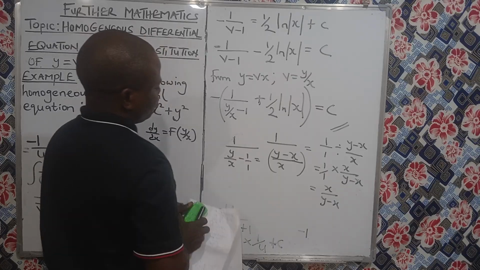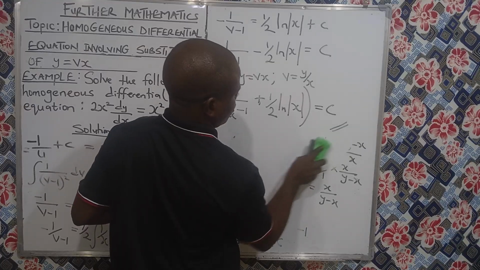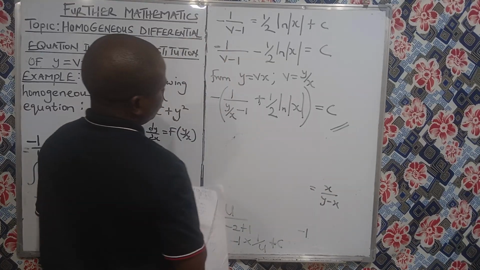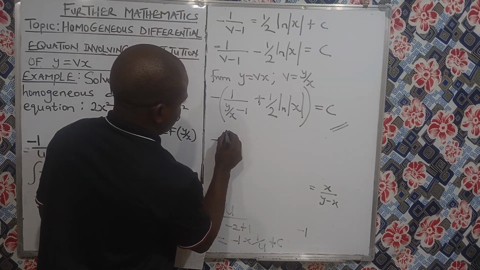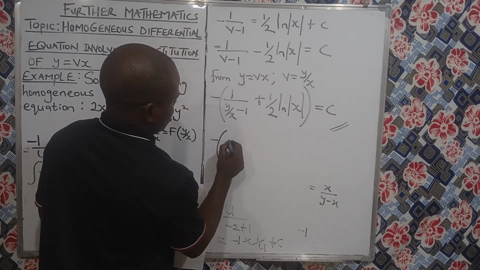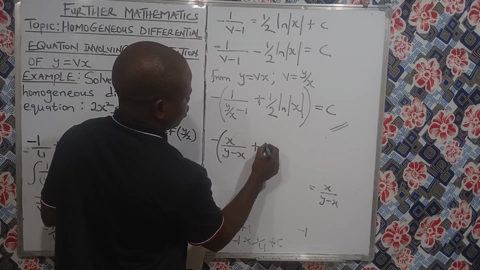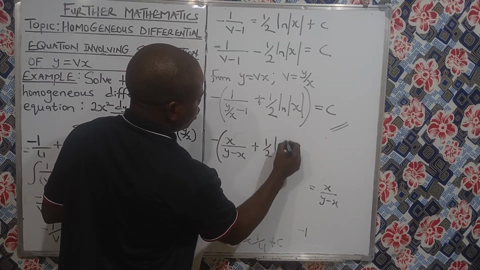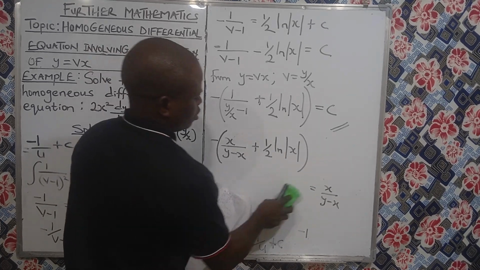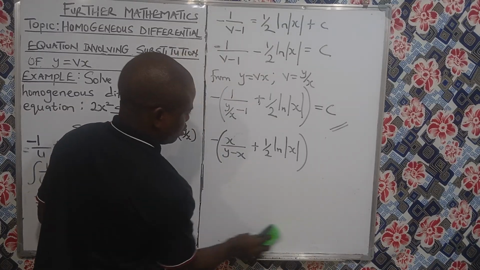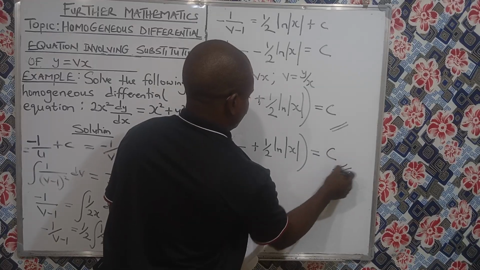Now you can rewrite this as minus, open bracket, x over y minus x plus 1 over 2 ln x, close the bracket, equals C.